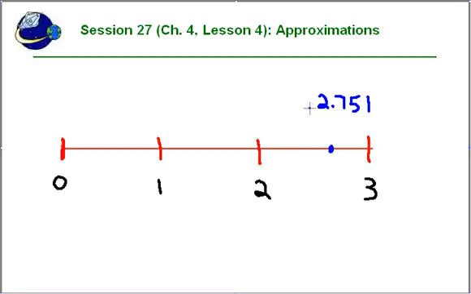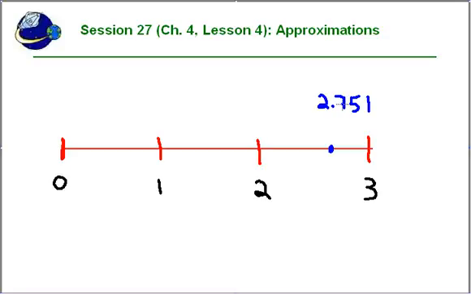So when I asked you to approximate this to the nearest unit, to the ones place, to the nearest integer, we had to first find out which 2 integers this number is between. It's in between 2 and 3. Here's where you use your rounding rules. We find our place that represents what we're rounding to. We're rounding it off to the nearest units, our ones place. So we now take a look at the first digit to the right of our ones place, and in this situation, it's our tenths.